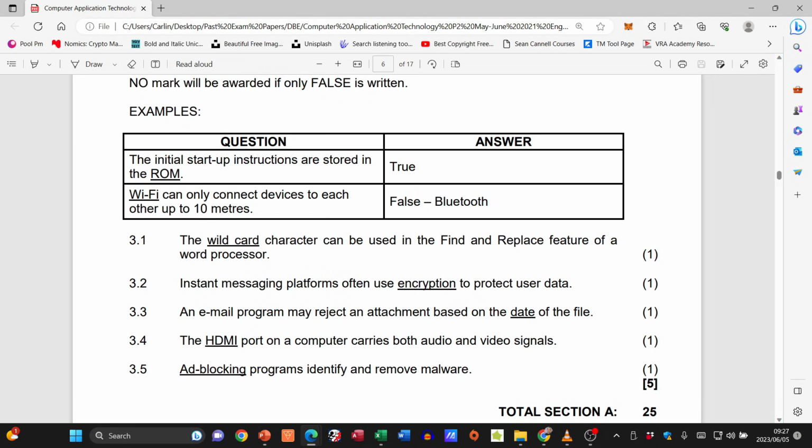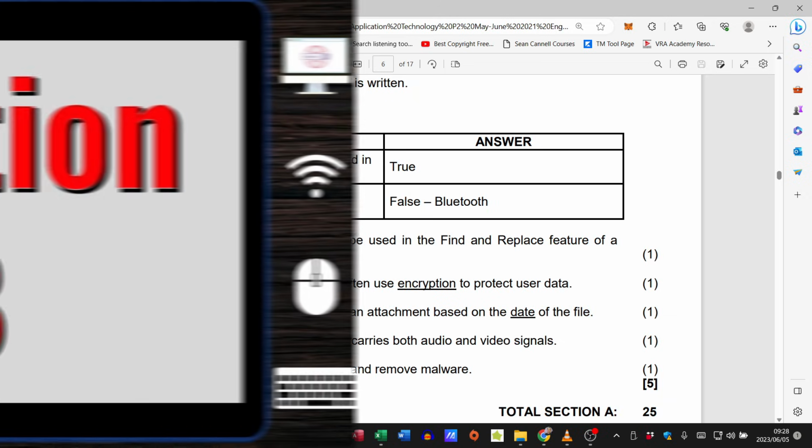And then 3.5, ad blocking programs identify and remove malware. Is that true? What is malware? Malware is malicious software. That's harmful software. Things like viruses, trojans, etc. Does an ad blocking program do that? No, that's false. What does that is an antivirus or anti-malware program. Right, and that is section A, guys.